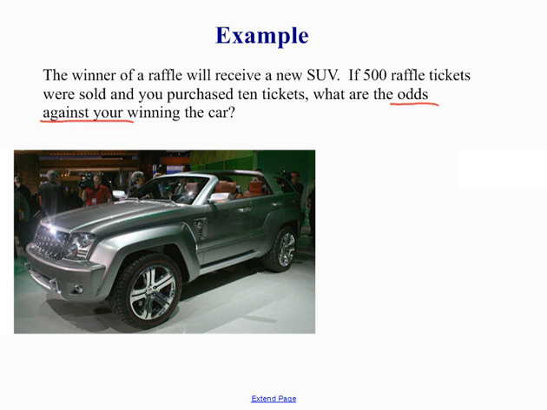So if there were 500 raffle tickets sold and I bought 10 tickets, that means there's 490 tickets in which I will not win. So we take the number of unfavorable outcomes to the number of favorable outcomes. There are 10 ways in which I could win because I bought 10 tickets. Now, just like with probability, we always reduce odds. So 490 to 10 reduces to 49 to 1.